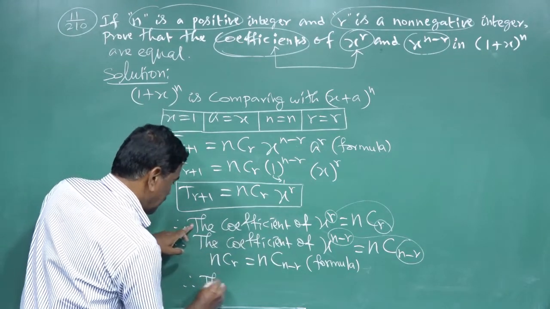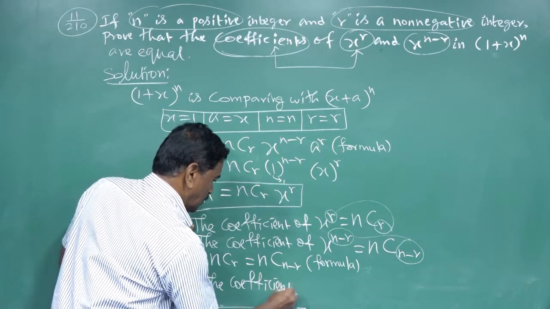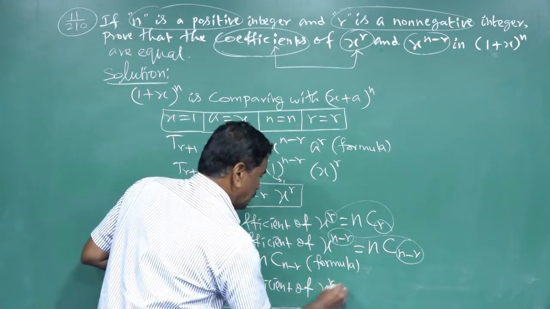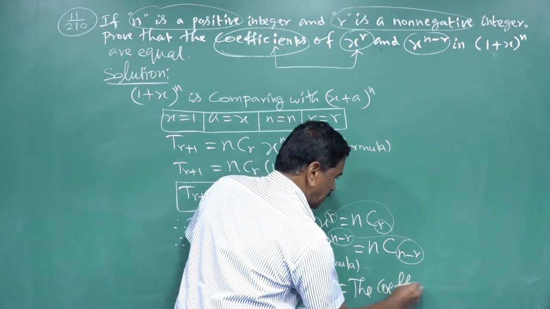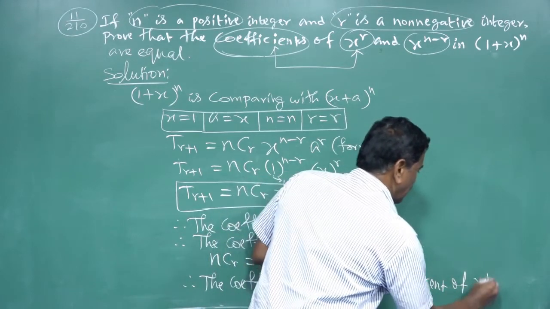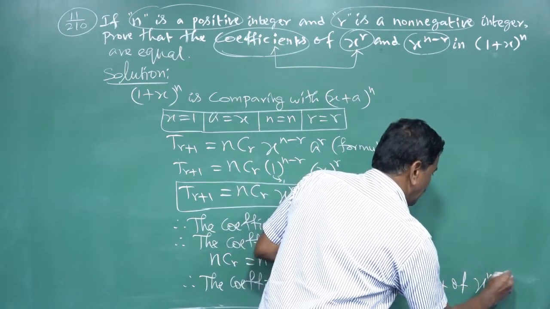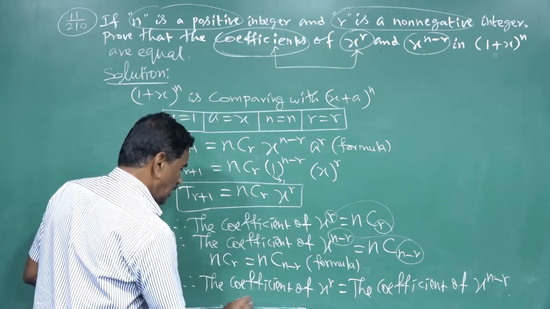Therefore, the coefficient of x power r is equal to the coefficient of x power n minus r. Hence proved.